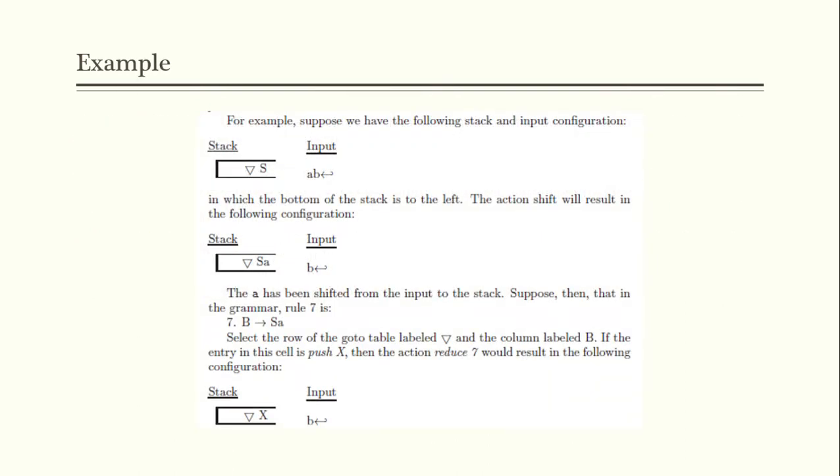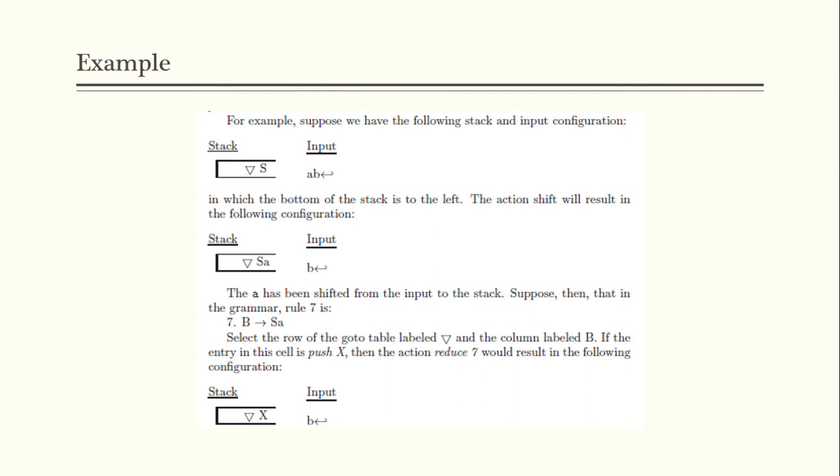Suppose we have the following stack and input configuration. Our input is A, B, and the end marker. In our stack we have a start symbol and then S, our first non-terminal. We need to indicate whether it is a shift or a reduce.